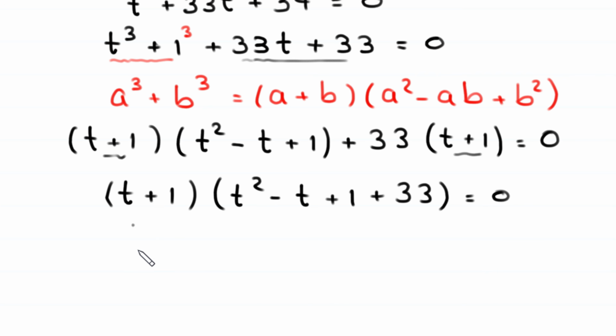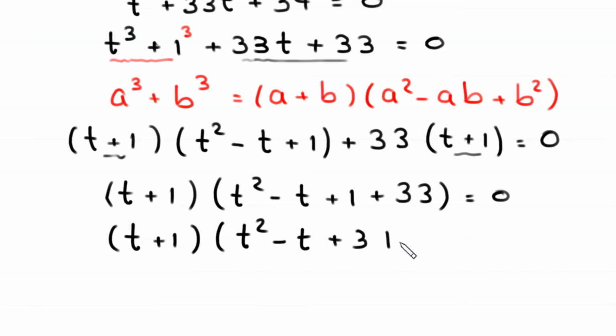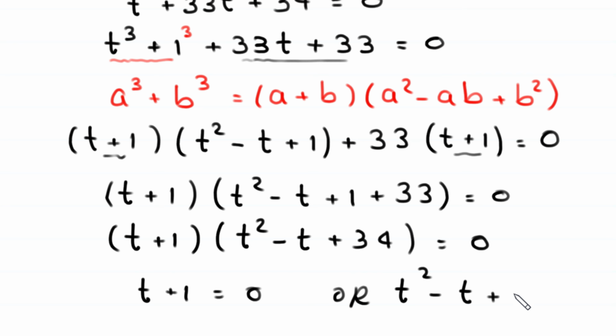Further simplify, this will become t plus 1 times t squared minus t plus 34 equal to 0. Either this expression t plus 1 equal to 0, or this expression t squared minus t plus 34 equal to 0.